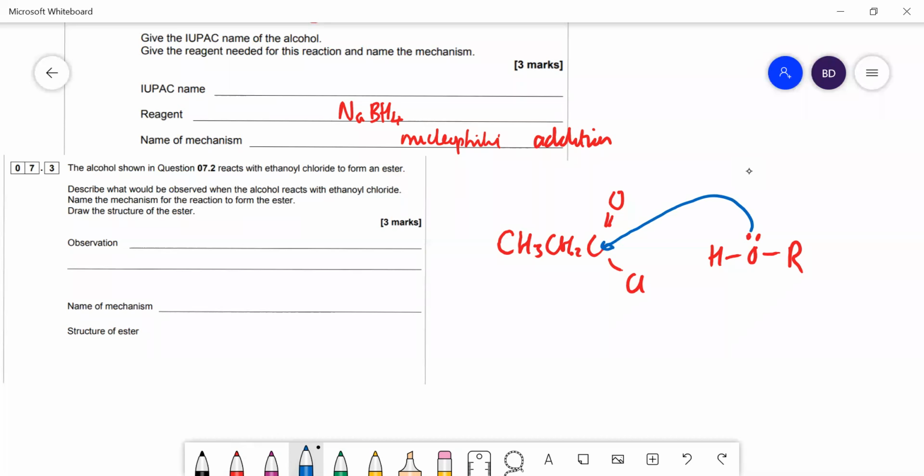You end up breaking the pi bond before that reforms, but you lose Cl minus and you lose H plus, and so you get HCl gas formed, and that's usually described as looking like steamy fumes. Okay, so the observation is the steamy fumes of HCl.